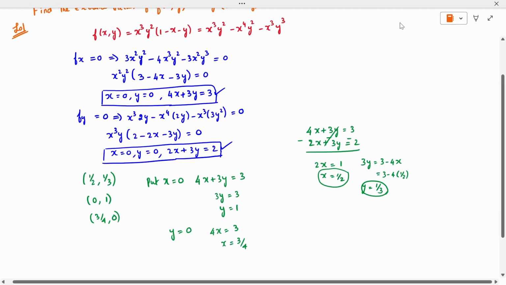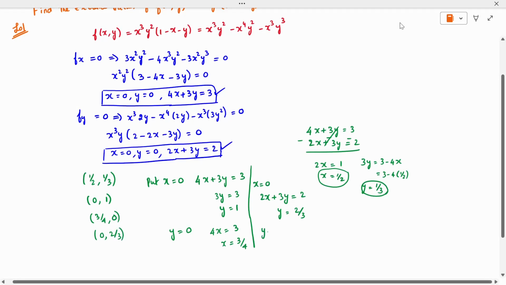I got three points till now. Same way, use x equal to 0 in 2x plus 3y equal to 2. When I put that, y equal to 2 by 3, so the point is (0, 2/3).